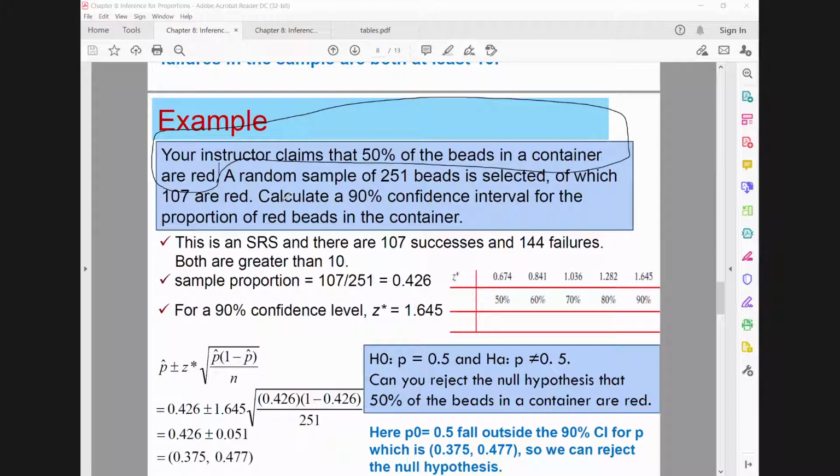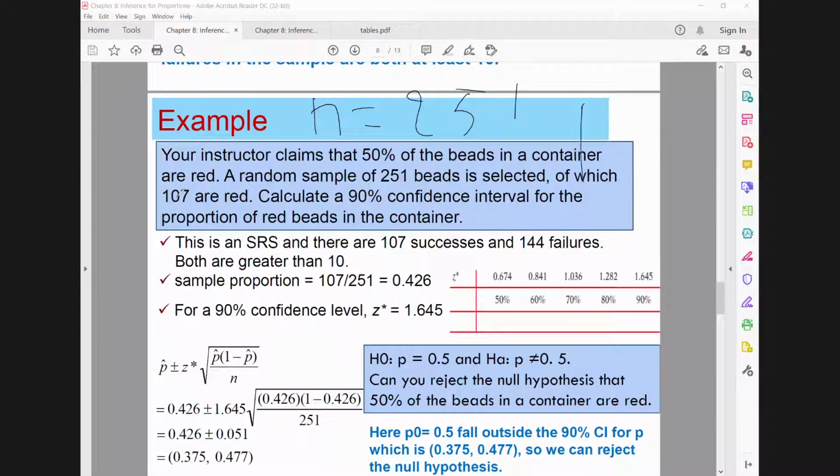In order to check this claim, what should I do? I take a sample containing 251 elements, so n equals 251. When we evaluate the number of red pieces, we have 107.